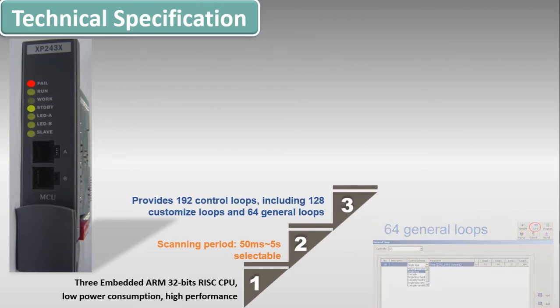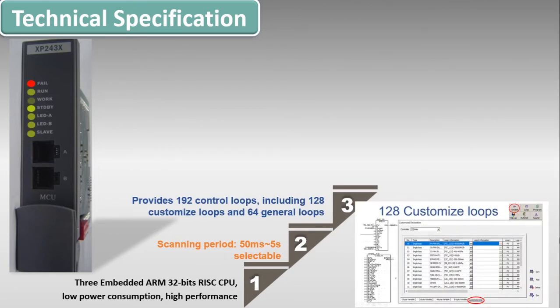Then the controller can support up to 192 control loops, in which we have 64 general loops, which can be defined in the configuration software SCKey. These are built-in loops which don't require any programming. It can be a simple loop or a cascaded loop.